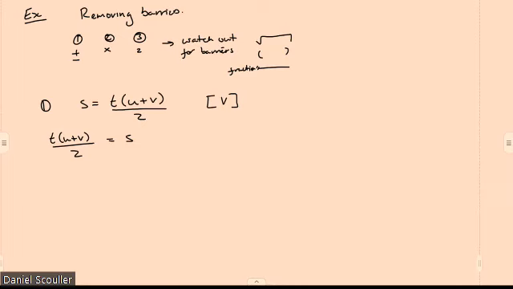We'll try to isolate the V. What would you say the first thing we move? Would it be the 2? Yep. Perfect.